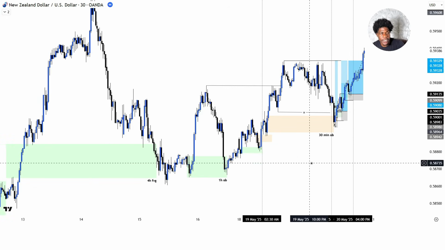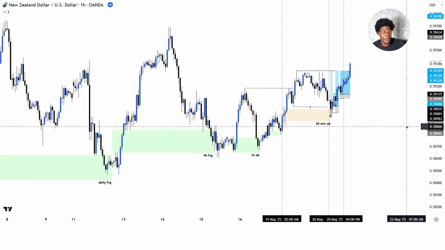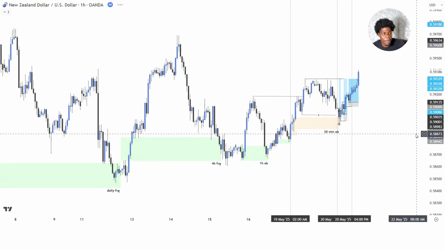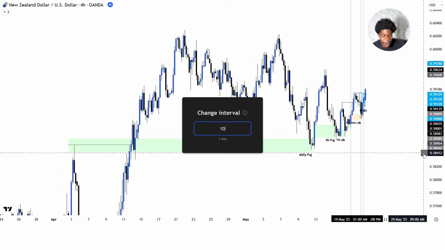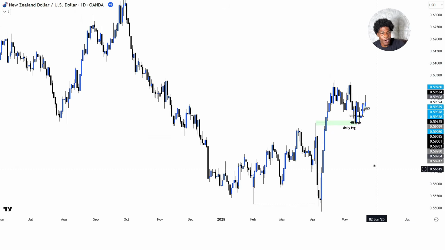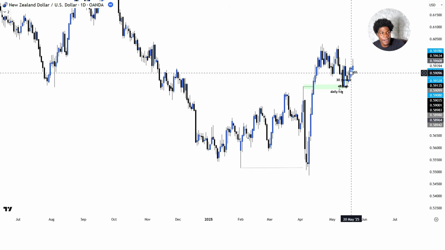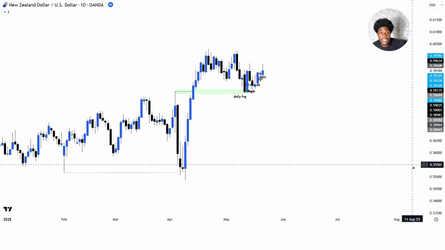But what did we do again, right? We started on the 1-hour time frame, and then on the 1-hour time frame, we pulled back on the 4-hour. And then on the 4-hour, what did we do? We started on the daily time frame to understand the overall bias, right? Because the overall bias was a bullish trending bias. So we weren't looking for sells.